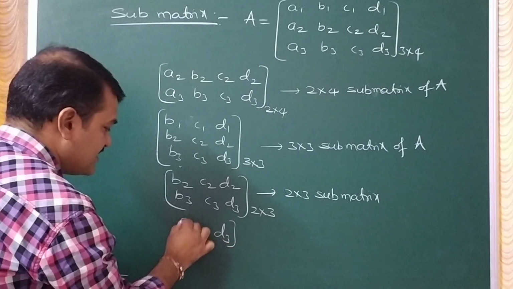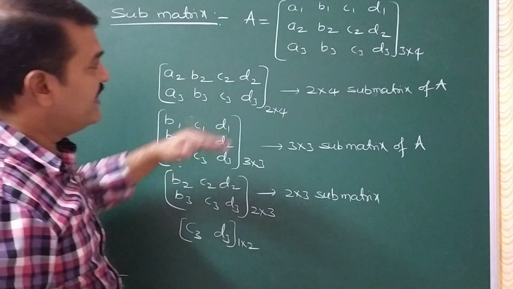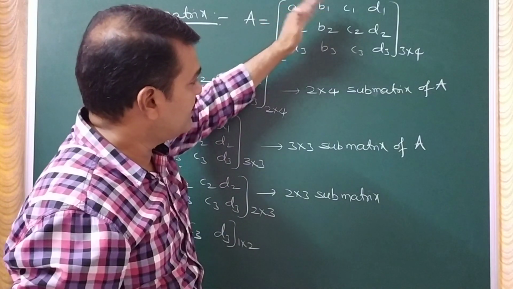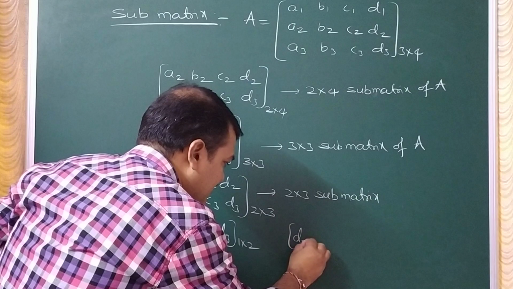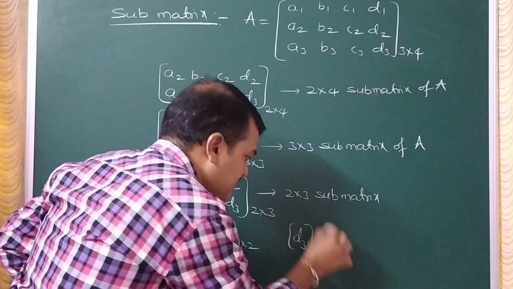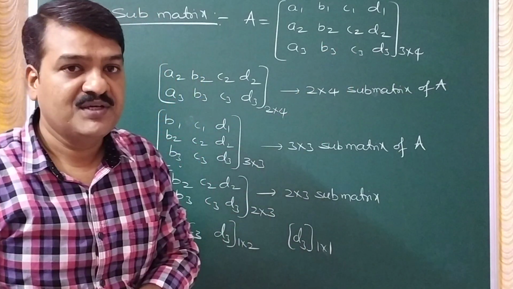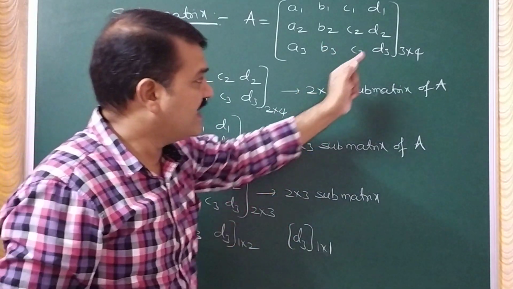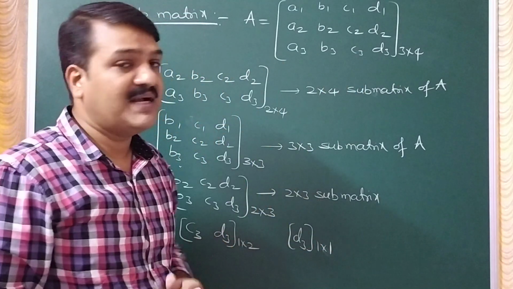This is a 1 cross 2 submatrix. If I remove first row, second row, first column, second column, third column, only D3 is left. This is called a 1 cross 1 submatrix, a single element submatrix. So every element can be taken as a 1 cross 1 submatrix in the matrix.